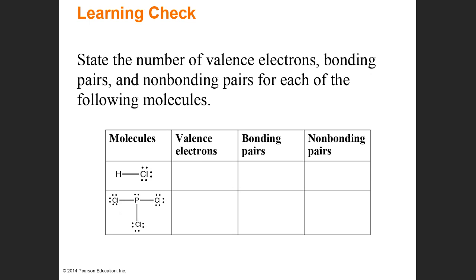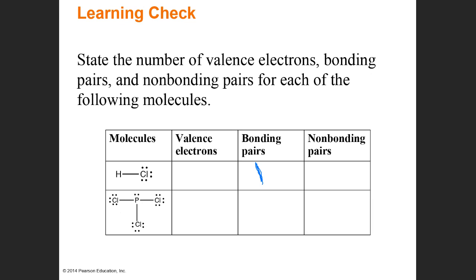Or how many pairs, I should say. Two electrons. So how many pairs is, that would be 1 pair, right? If it's 2 electrons, it's 1 pair.